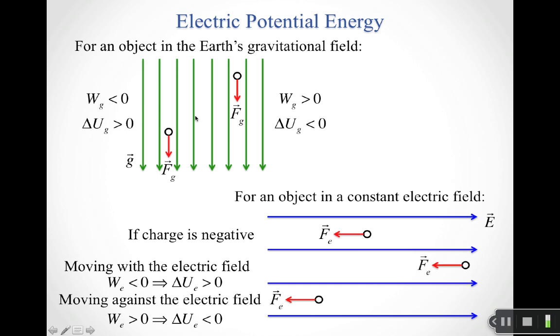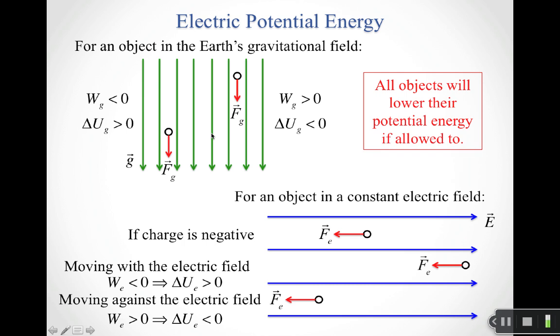So all this is very much in line, and again, you can come back and remind yourselves, wait a second, what do I know about the gravitational field? Because electrical potential energy has to work exactly the same as the gravitational potential energy. All right. The other thing to point out is that all objects, you let them go and they will lower their potential energy.